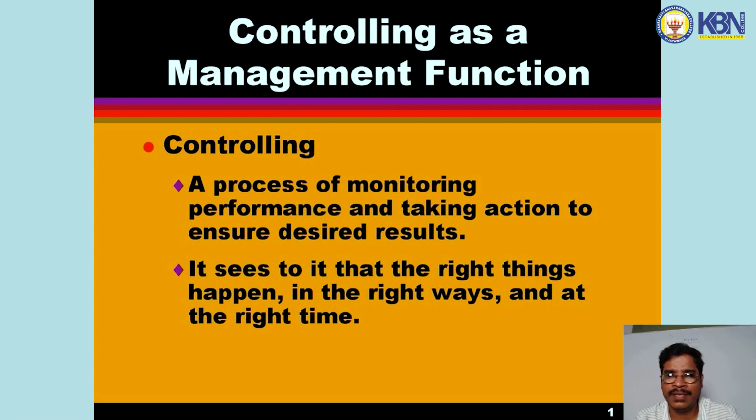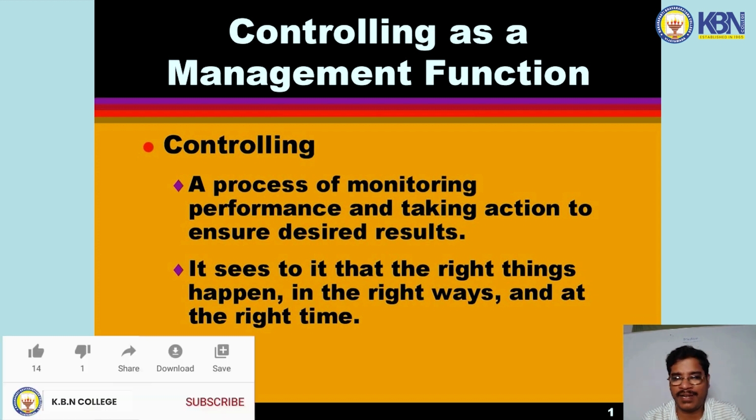That is the controlling significance. And also it sees to it that the right things happen in the right ways and at the right time. So controlling is a function which can be applied in order to avoid wastages, to reduce the wastage of time, or to make use of the available resources at an optimum level.